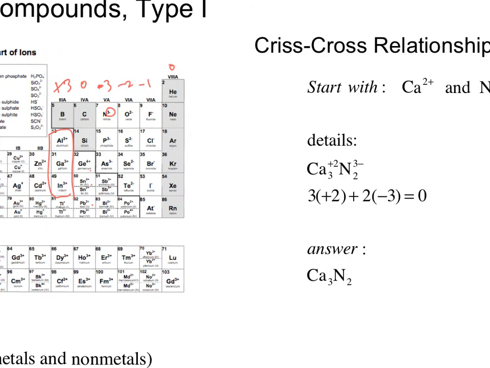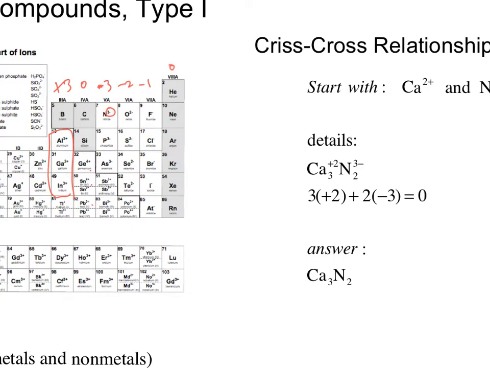You can write down calcium with a 2+, nitrogen with a 3-, and then overall you want your compound to be neutral. So if you have 3 +2s, that's going to be +6, and 2 -3s, that's going to be -6. The sum of the two is 0 because the compound is neutral. Okay, so that's one way to think about it.